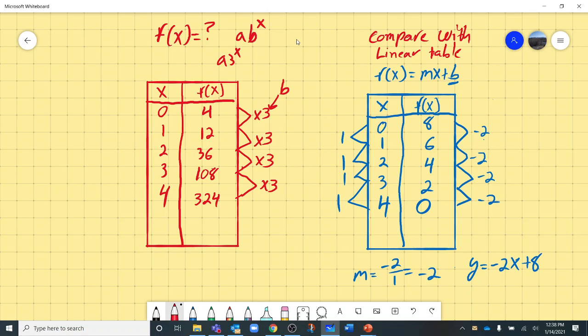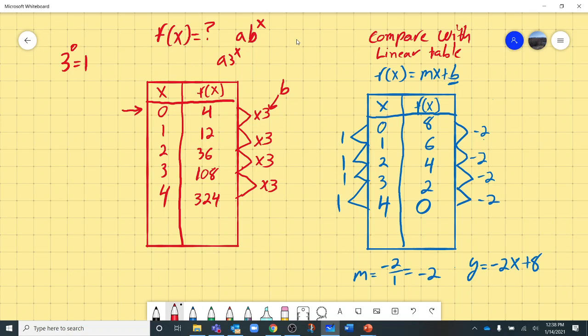To figure out our a value, we just look at, well, what is f of x when x equals 0? Because remember, anything to the 0th power is equal to 1. And so if we plug in a 0, what is it times 1 that equals 4? Well, it's 4.